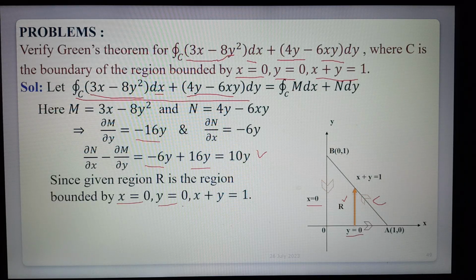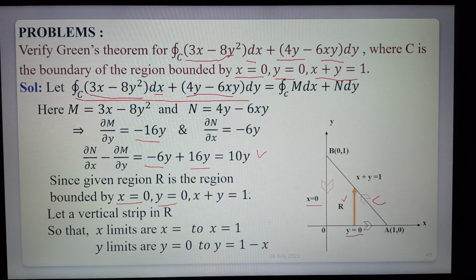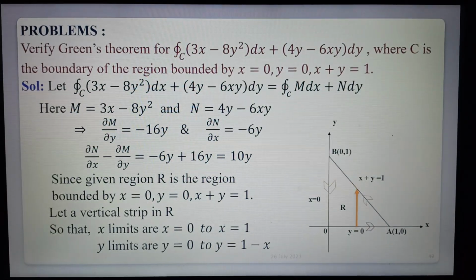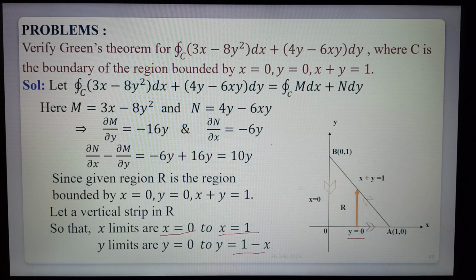From the graph, the x limits are x equal to 0 to x equal to 1, and the y limits are y equal to 0 to x plus y equal to 1, so y equal to 1 minus x. So these are the limits.